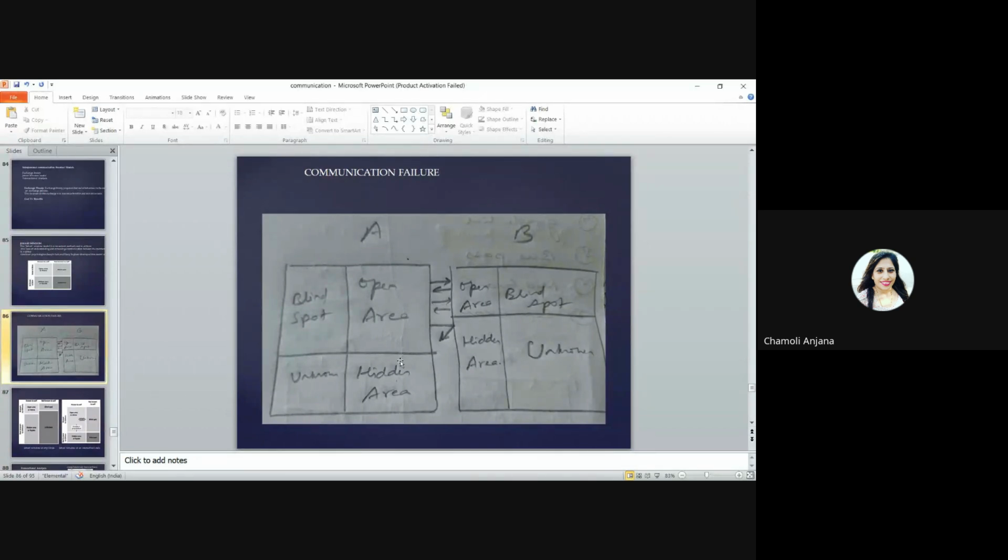You need to increase this size and that size, right? The open area can be increased horizontally and vertically, and then automatically the size of the open arena will increase.